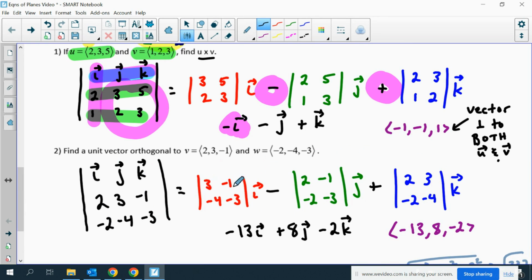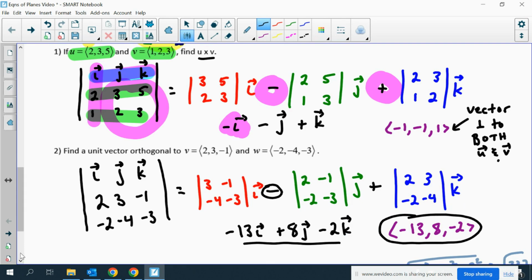We compute all these things, negative 9 minus positive 4, negative 6, negative 6 minus positive 2, which is negative 8, but then you have a negative sign, so it turns into a plus 8. And then negative 8 minus negative 6 gives you negative 2. So here is your orthogonal vector to both v and w.